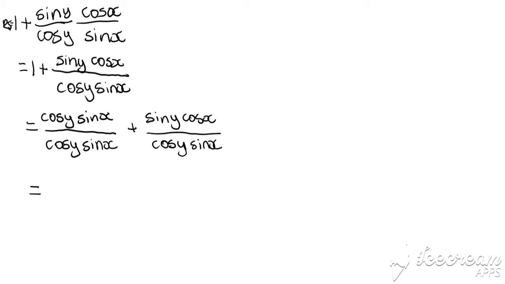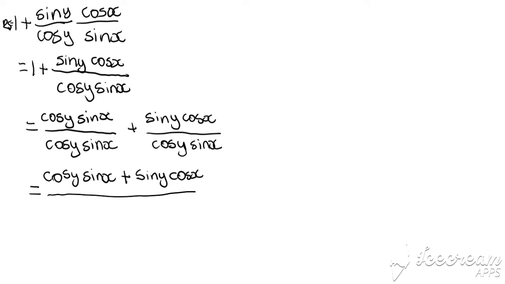So now once we've added these two numbers together, we get cosine y times sine x plus sine y times cosine x all over cosine y times sine x.